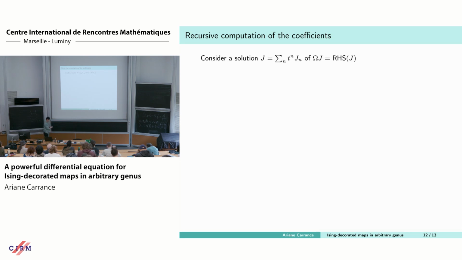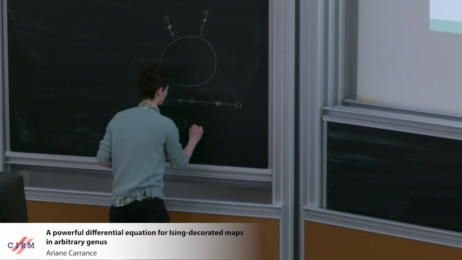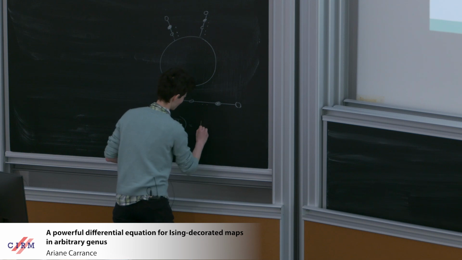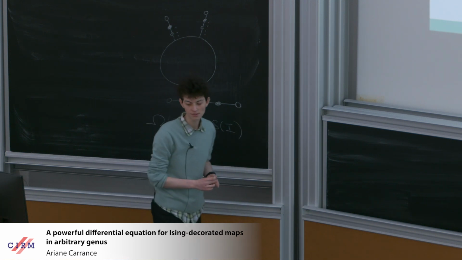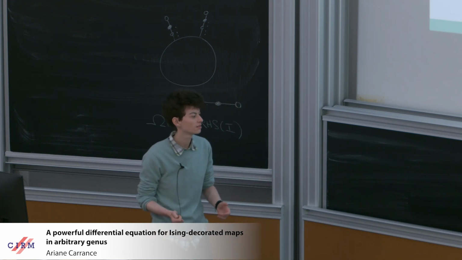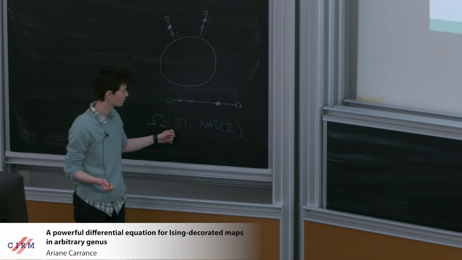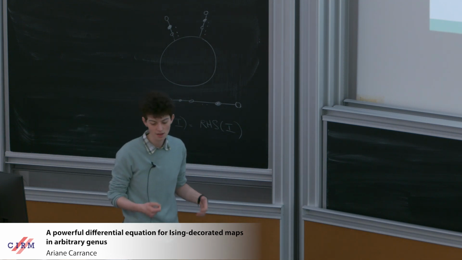So you have this operator omega applied to I, which is equal to what we have on the right-hand side applied to I. And so we want to show that this characterizes I with the assumptions that I said before.